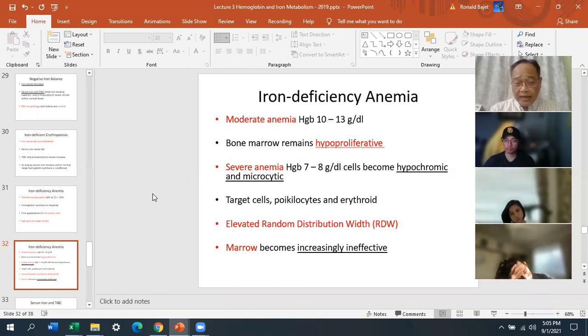You have a lot of anisocytosis, and that's how you can tell the difference from another hypochromic microcytic anemia, which is thalassemia. It's also hypochromic microcytic, but the RDW is not that high. So in iron deficiency anemia, the marrow is increasingly ineffective. Hence, you're producing all these abnormal red blood cells, and you're not getting enough iron.